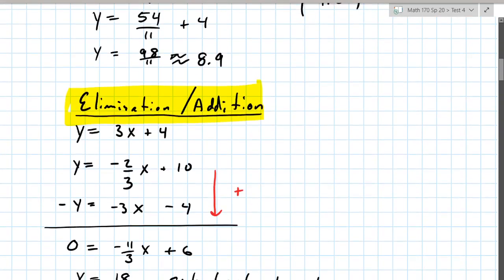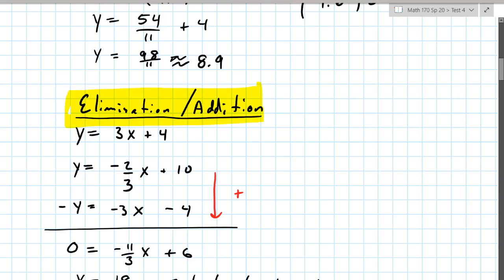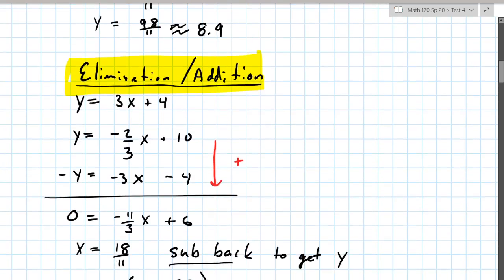In this method, we have our two equations, and our goal is to eliminate one of the variables, either x or y. So my two equations were y equals 3x plus 4 and y equals negative 2/3 x plus 10. In order to eliminate them, I need the opposite signs.